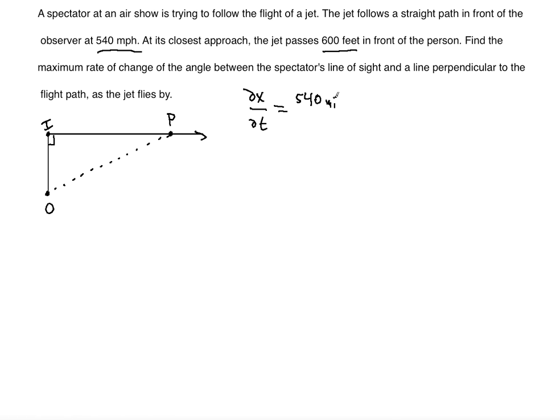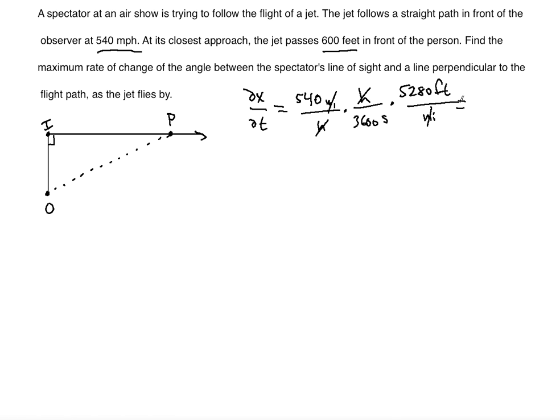So 540 miles per hour multiplied by 1 hour over 3600 seconds, so the hours go away. Now we need to get rid of the miles and put feet instead. So it's going to be 5280 feet divided by 1 mile, and the miles go away.